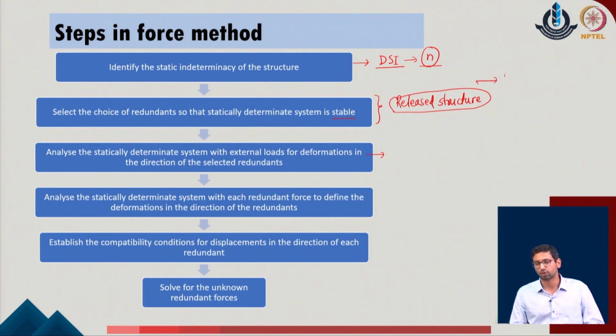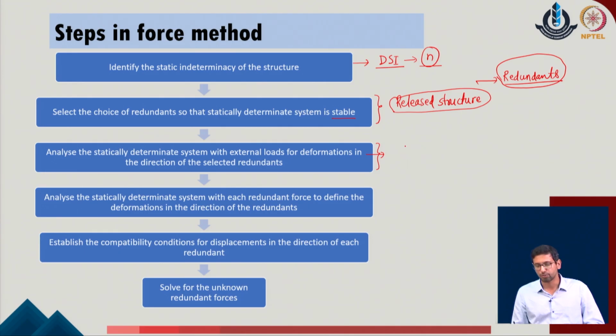These forces are called the redundants because we consider that these are the extra conditions available with the given system. So, in the direction of each of these redundants, we define the amount of displacement with respect to this statically determinate system. The release system will be evaluating the displacements in the direction of the redundants of the given problem.